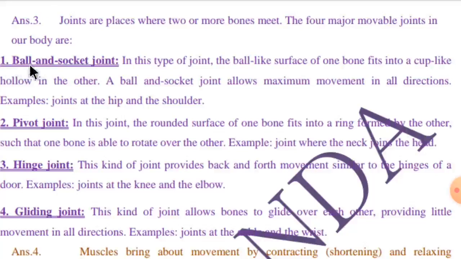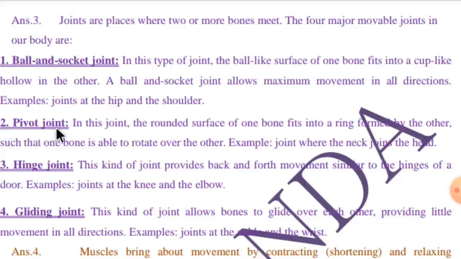Let's see the first one, ball and socket joint. In this type of joint, the ball-like surface of one bone fits into a cup-like hollow in the other. A ball and socket joint allows maximum movement in all directions. For example, joints at the hip and the shoulder.